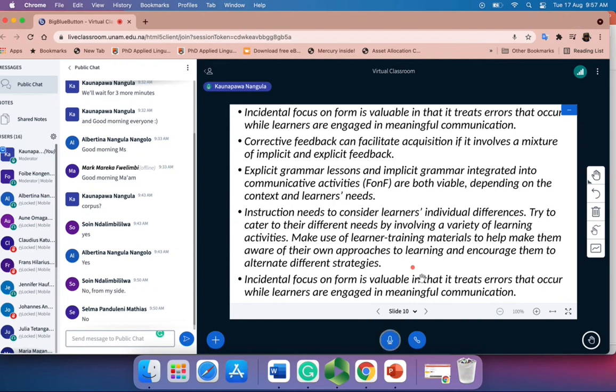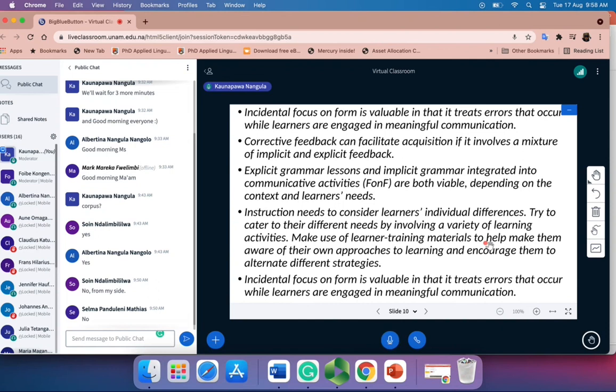For instance, make them aware of the different strategies of learning grammar, and then if they have one that they prefer, encourage them to also use other ways to learn.